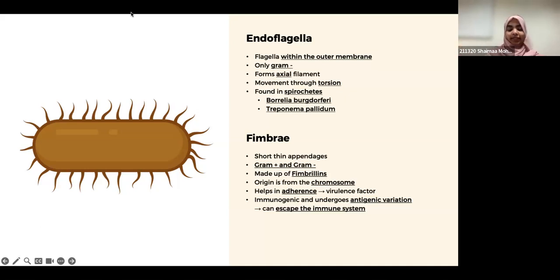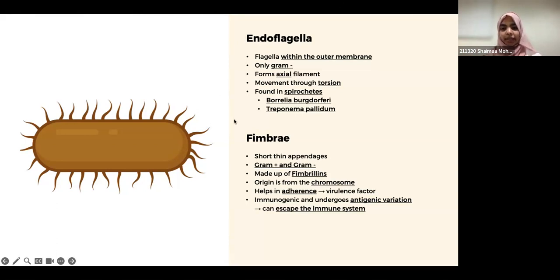But then now they underwent antigenic variation, changed these antigens. So the antibodies that you had are no longer effective. And now you have to form new antibodies against these new antigens. So it basically helps it in escaping the immune system. So fimbriae has two virulence factors, adherence, and another thing is the antigenic variation, okay?